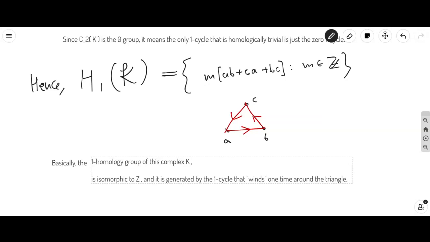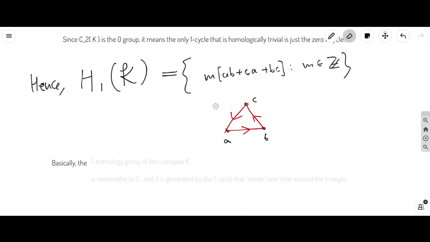This should be very reminiscent of when we talked about the fundamental group of the circle. The fundamental group measures something a bit different, but it's very similar, right? You wind one time around it, and then the homology group is generated by that cycle that goes one time around. So look at that. We calculated the homology of this fairly simple complex.